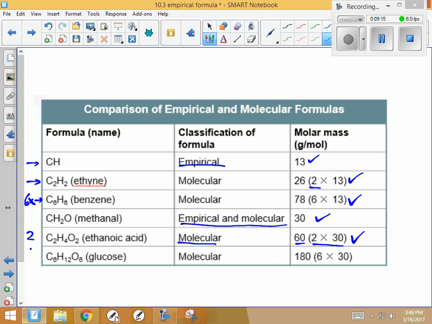And lastly, if you multiply the original empirical formula by 6, you get glucose. Its molar mass is 180, which is 6 times 30. So that gives you an idea that the empirical formula is kind of a mathematical building block for molecular formulas and molar masses of larger molecules.